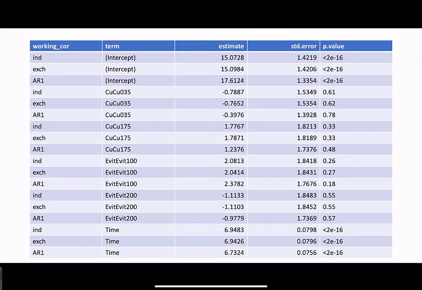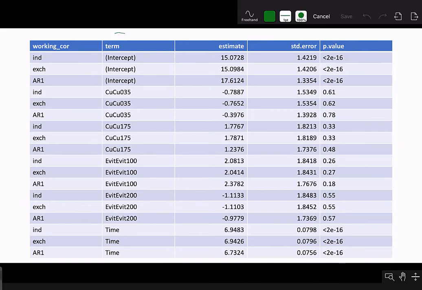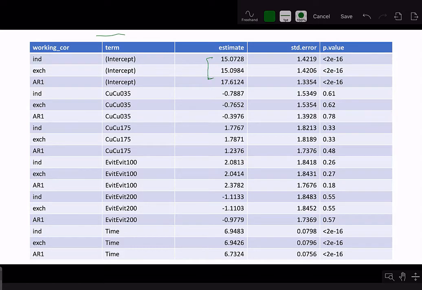So this table shows the intercept and covariate terms, their estimates, standard errors and p-values across the models with the 3 different correlation structures. And you can see for the intercept, they're very similar for exchangeable and independent, and similar for AR1, a little higher. And you see that same trend across all of the other estimates, where the independent and exchangeable have quite similar estimates and the AR1 is a little bit different.